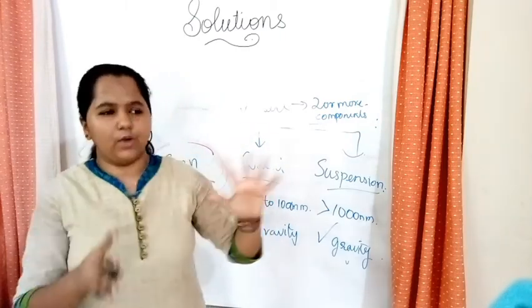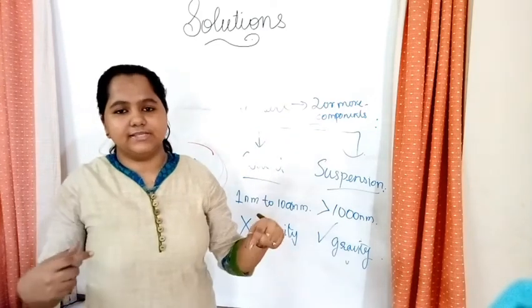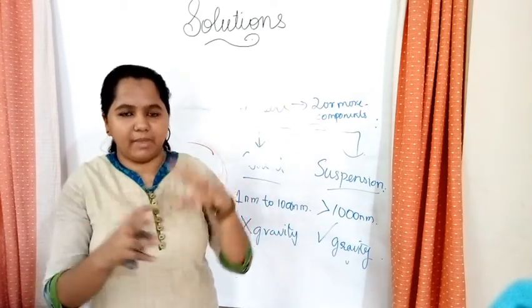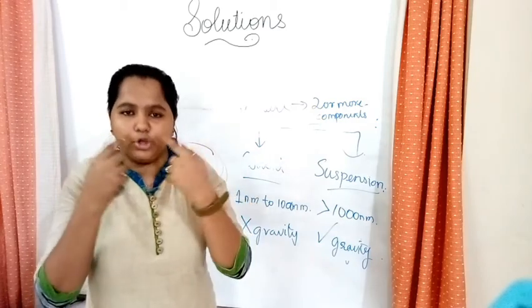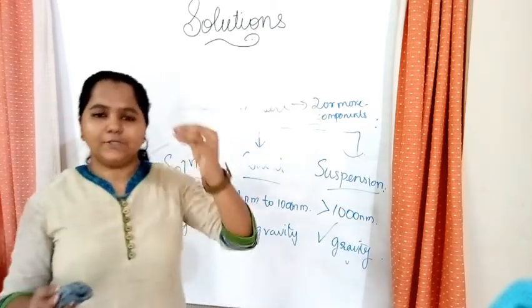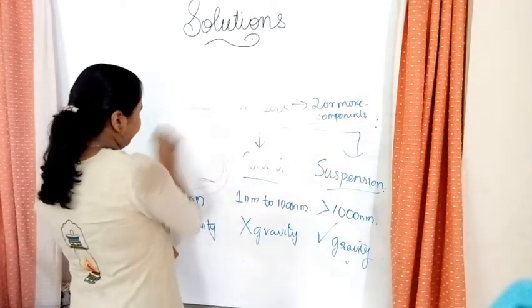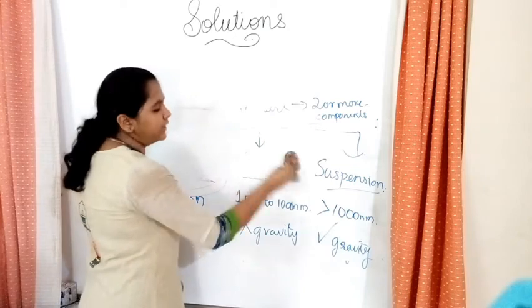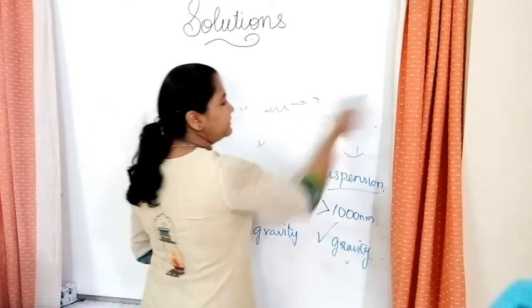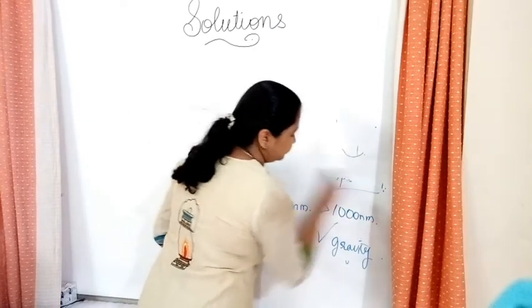You don't just say there's a hose-like structure, or a grinder-like thing in your buccal cavity. No, you have specific names or terms. The same way, we have specific terms for the components of solutions, colloids and suspensions. In this chapter we are only dealing with solutions, so I'll tell you what they are called.